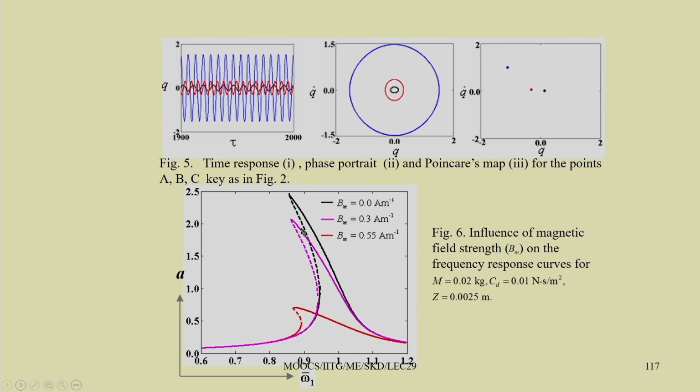Then the middle one is with Bm equal to 0.3, and when you increase Bm to 0.55, you can reduce the response amplitude by 5 times. So, by using this magnetoelastic beam and applying a suitable magnetic field, you can control the vibration of the system.